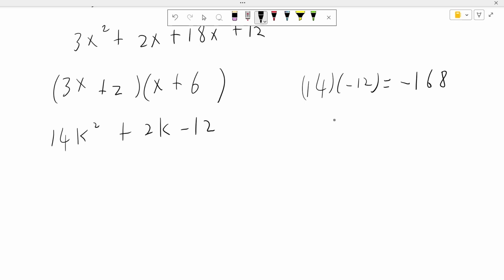Now, remember what I said before, that these two numbers could be the right two numbers that we're looking for. Let's try adding them. 14 plus negative 12 will result in plus 2. So we already found the two numbers that we're looking for, and we can once again rewrite this trinomial using those two numbers that we found, modifying the middle term.